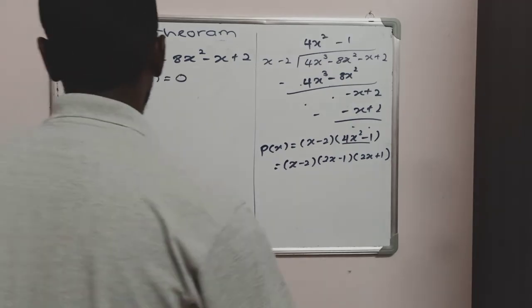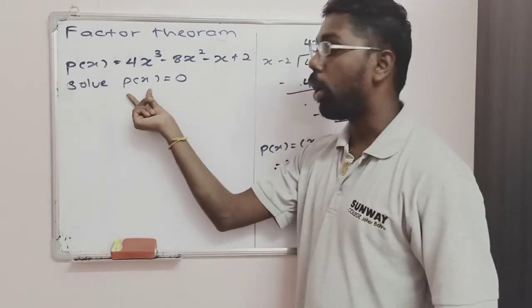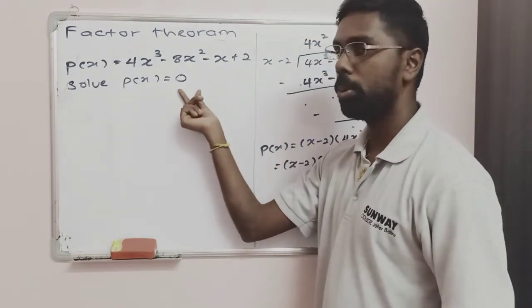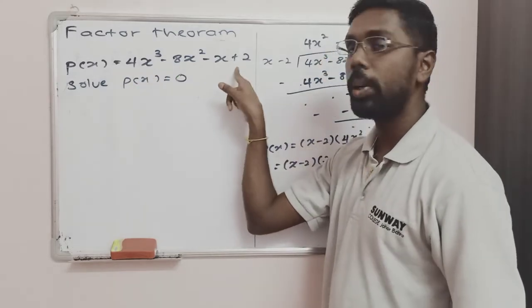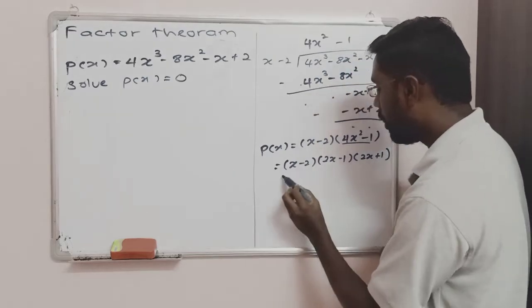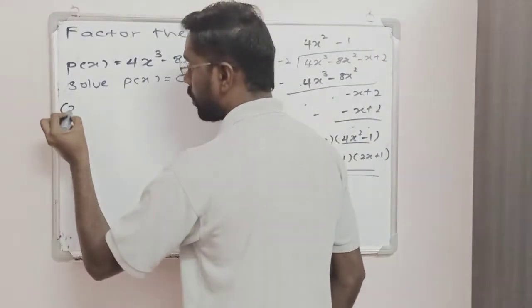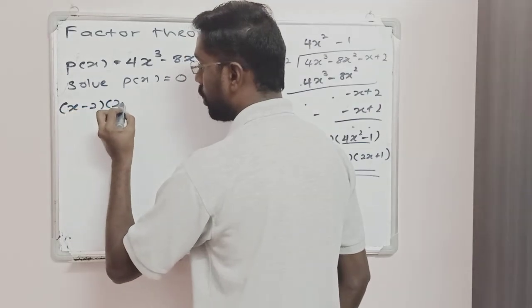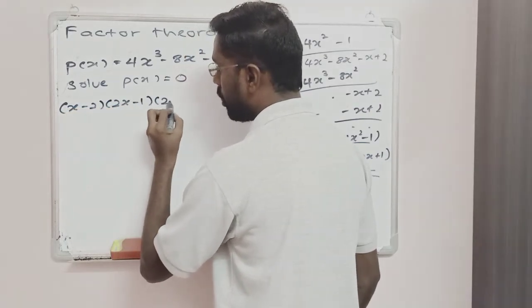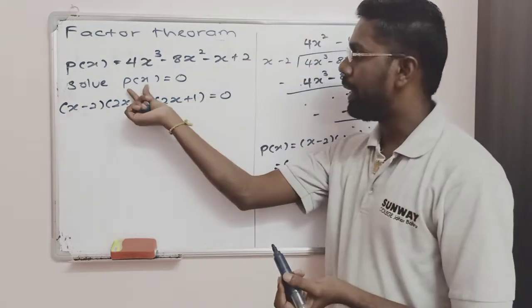Now I continue my first question, where I said solve p(x), the polynomial of x, equal to 0, which means this expression equals 0. So instead of this, I can write my factorized version. It's going to be x minus 2, 2x minus 1, 2x plus 1 equal to 0.